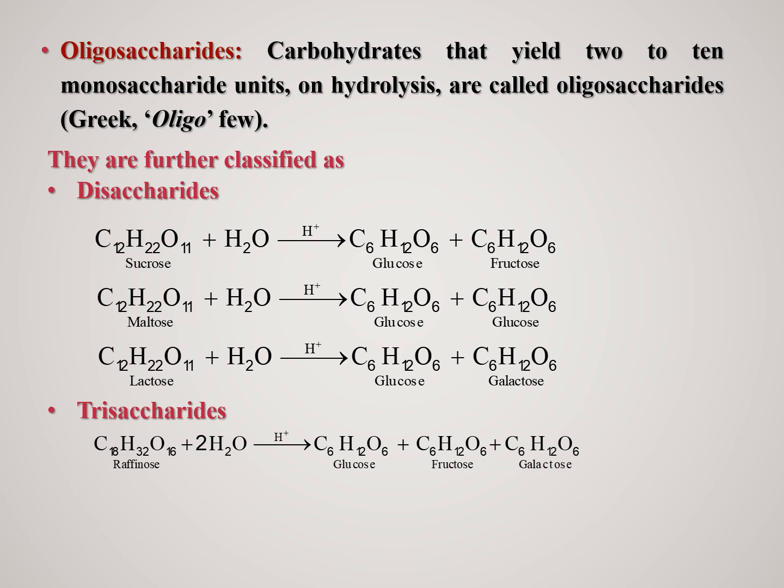So 3 different monosaccharides are obtained from raffinose, a trisaccharide. The next is called tetrasaccharides, carbohydrates which on hydrolysis will give 4 monosaccharide units. For example, stachyose is the example listed under tetrasaccharides.